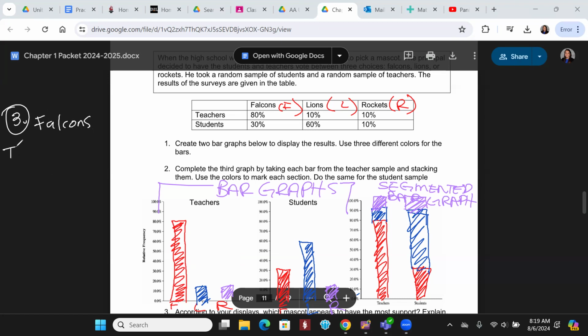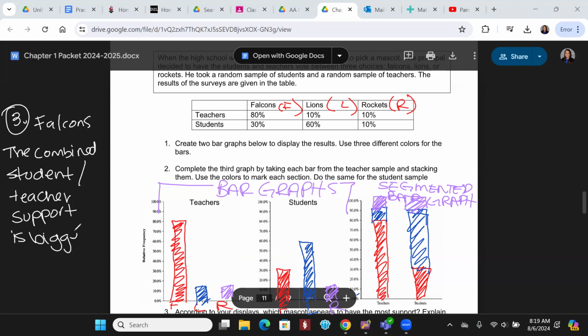The combined student and teacher support is bigger for Falcons than Lions or Rockets. Okay, in AP Stat, when you give an explanation, you have to be specific. You can't just say it had a bigger bar graph thingy. You've got to be really specific about what you're talking about.